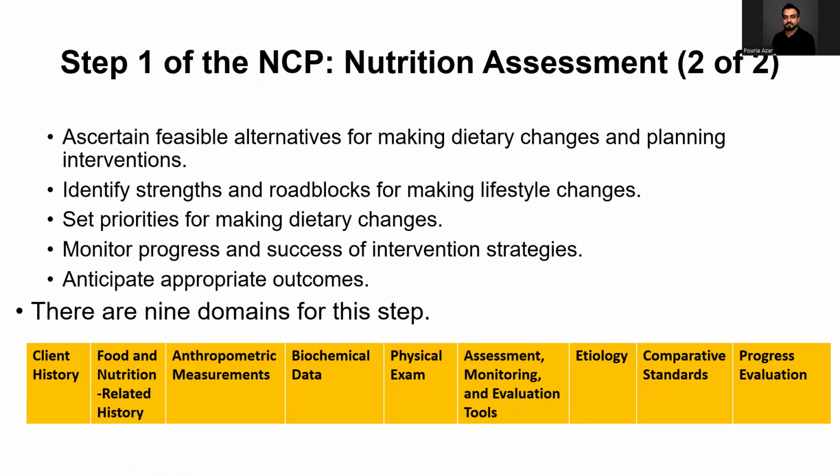We need to identify strengths and roadblocks for making lifestyle changes. We have to set priorities for making dietary changes. We have to monitor progress and success of intervention strategies, and we need to anticipate appropriate outcomes.